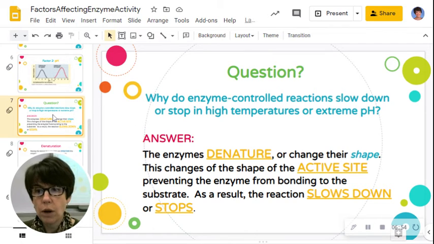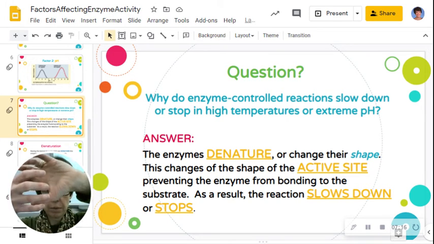So now you might be wondering why this all happens. Why do enzyme-controlled reactions slow down or stop in high temperatures or extreme pH? I've mentioned this already, so we're just literally putting it in our notes now: the enzymes denature. They're proteins. So proteins at high temperatures and at changes in pH are going to lose their shape.